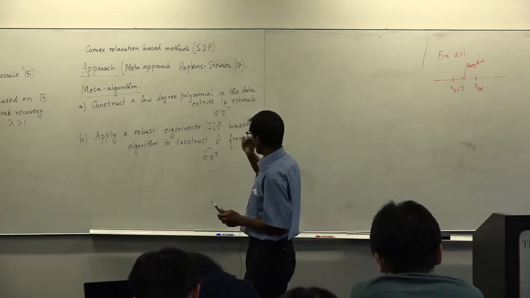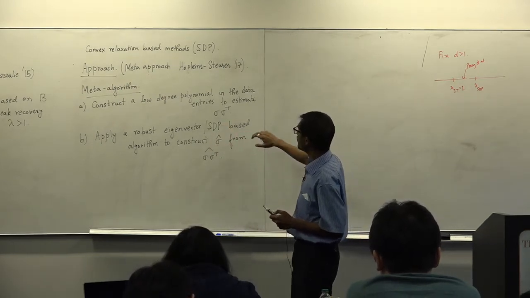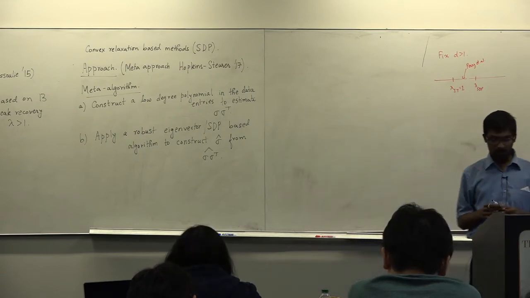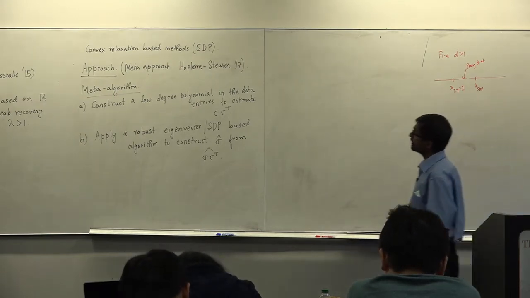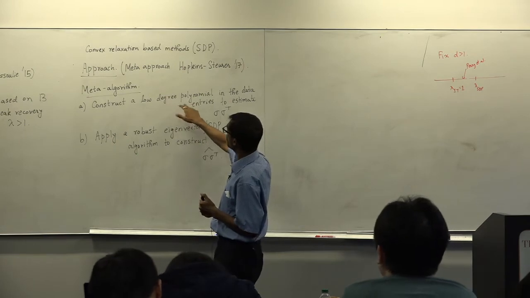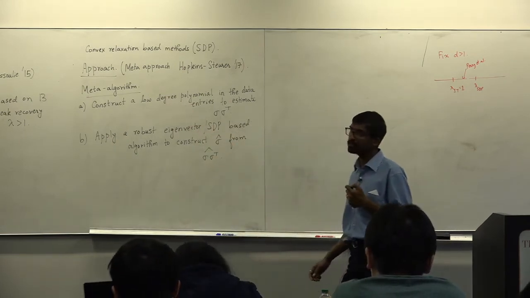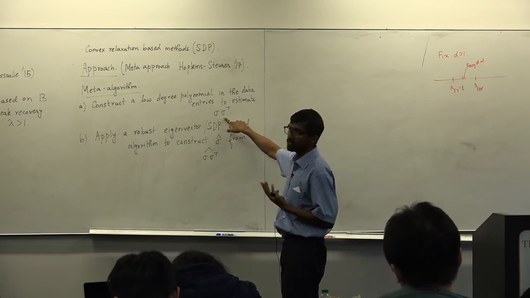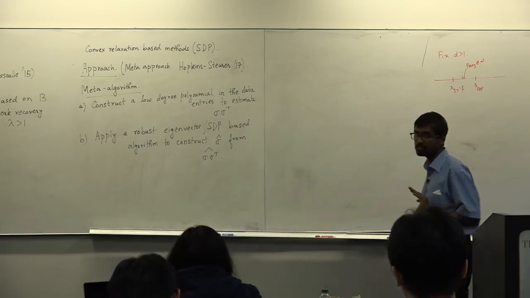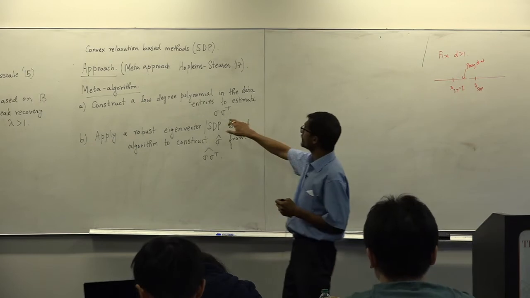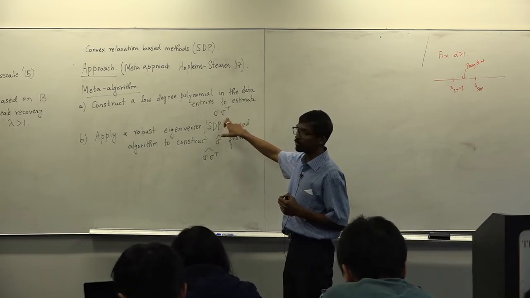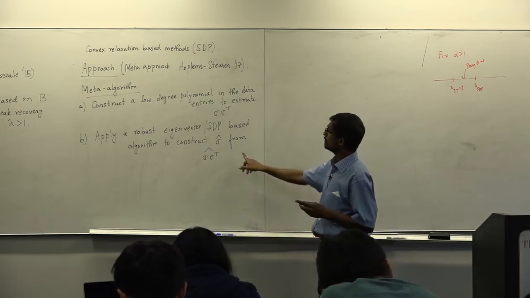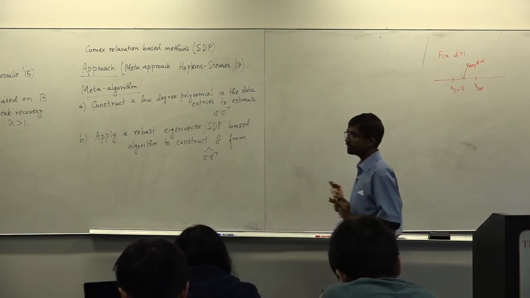So what is this idea? The idea here is that you get this data. Based on the data, you calculate some low degree polynomial in the entries of your data that is essentially trying to give you some estimate for sigma outer product in this case. And then once you have this noisy estimate for sigma outer product, you do some robust projection algorithm to actually construct sigma hat.